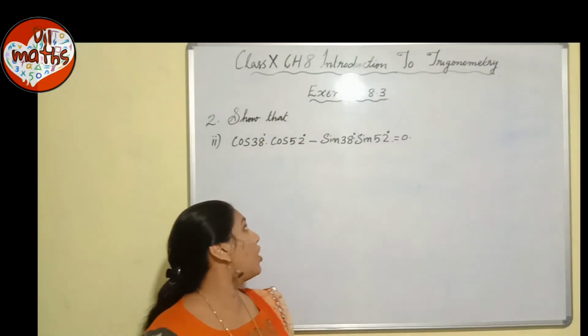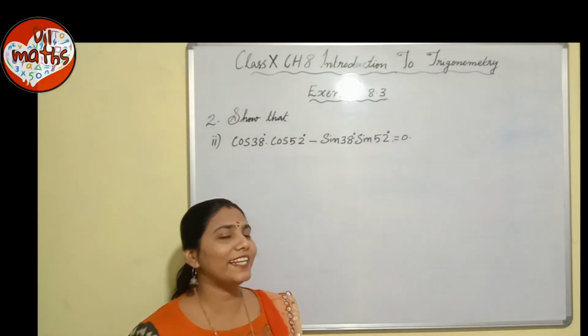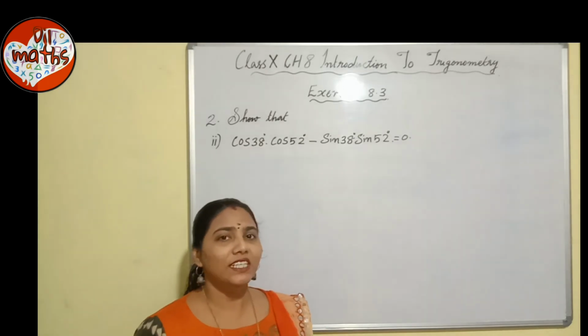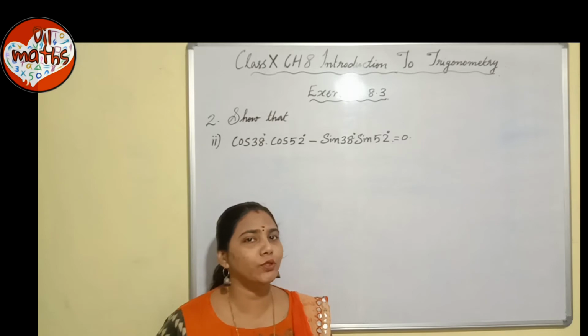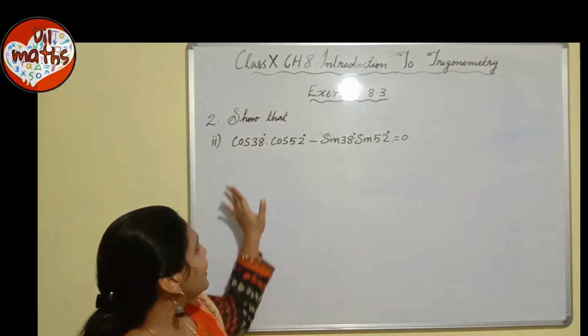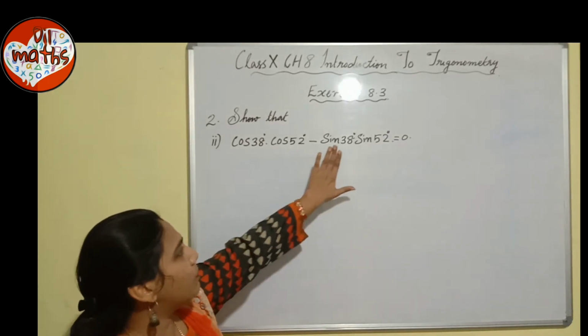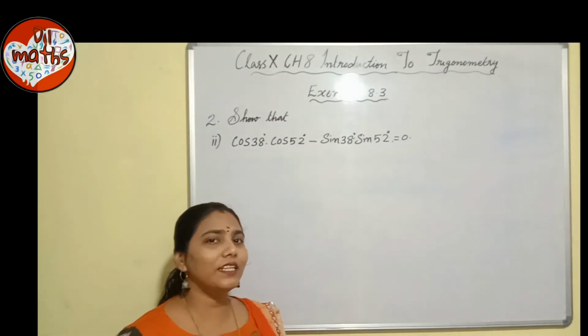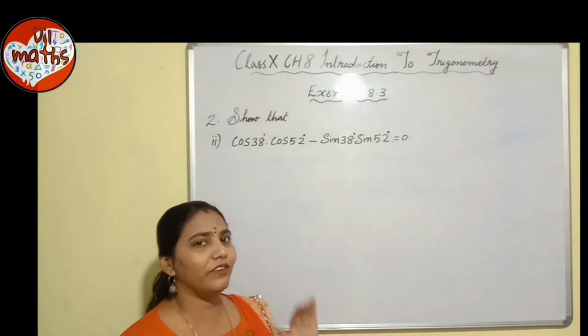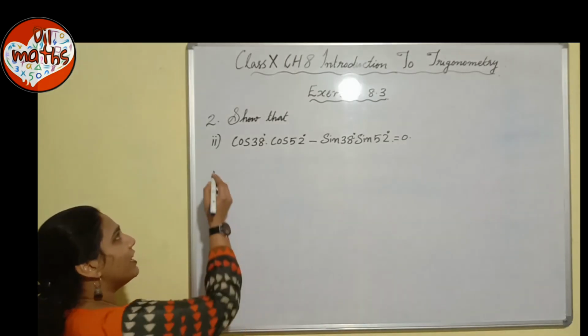Second question. Cos 38 into cos 52 minus sin 38 into sin 52 is equal to 0. That means LHS is equal to 0. We have to prove. So what is given in the LHS? Cos 38 into cos 52 minus sin 38 into sin 52. So what we did in the first question, the same formula we have to apply here.